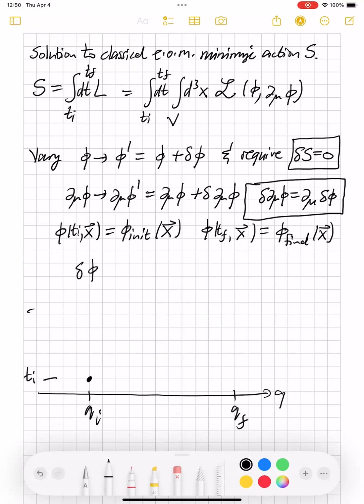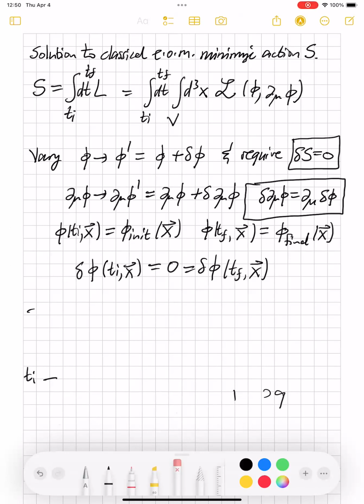So that means that delta phi at the initial time and all x's has to vanish, and delta phi at the final time and all x's has to vanish. This is just because we are specifying the initial condition and the final condition, and we're only varying over fields that obey that initial and final condition. Good. So this is what we needed. We can now get going with deriving the Euler-Lagrange equations.